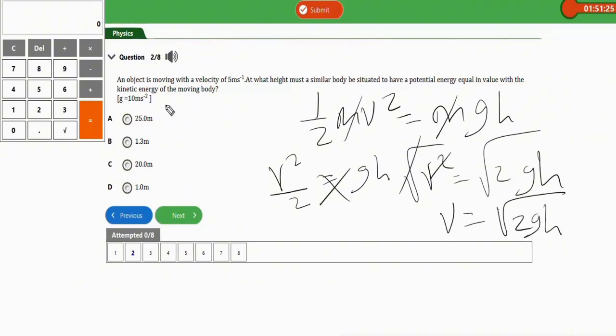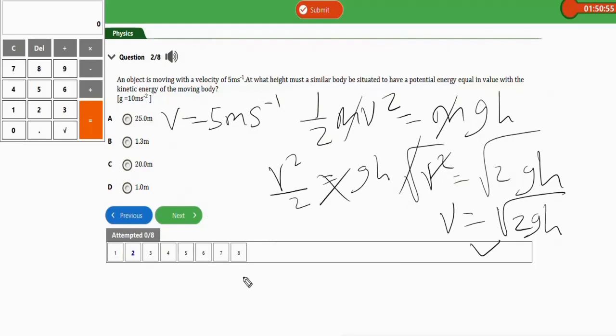So in this question, we have the velocity to be 5 meters per second, and we are asked at what height must a similar body be situated to have a potential energy equal in value with the kinetic energy of the moving body. So from this relationship we have here, we are looking for the height.